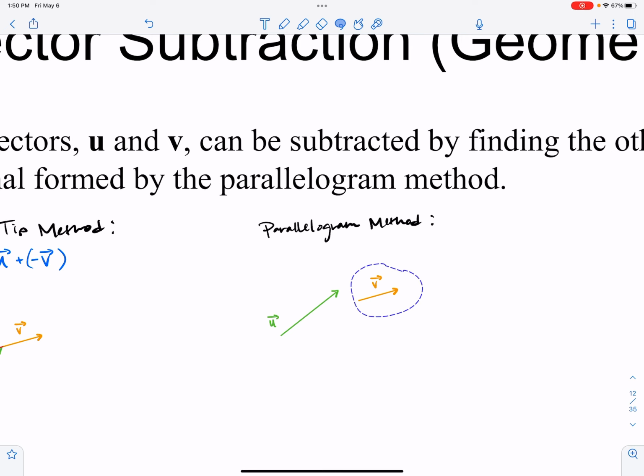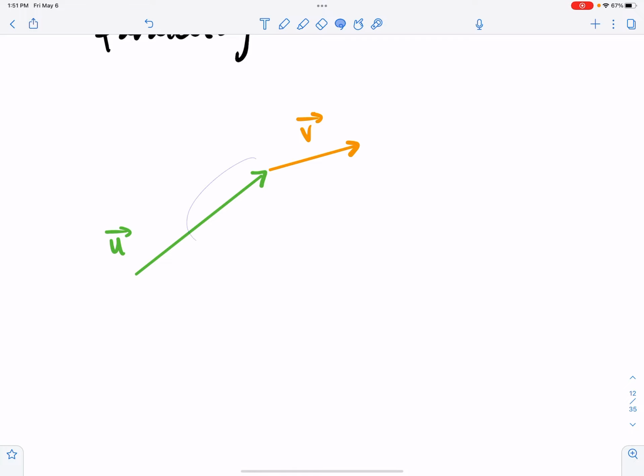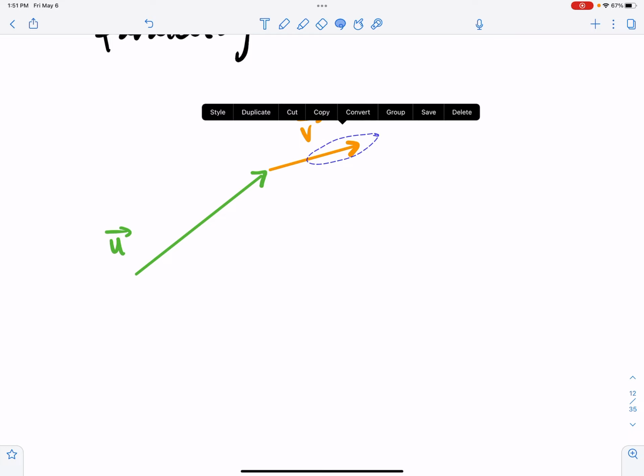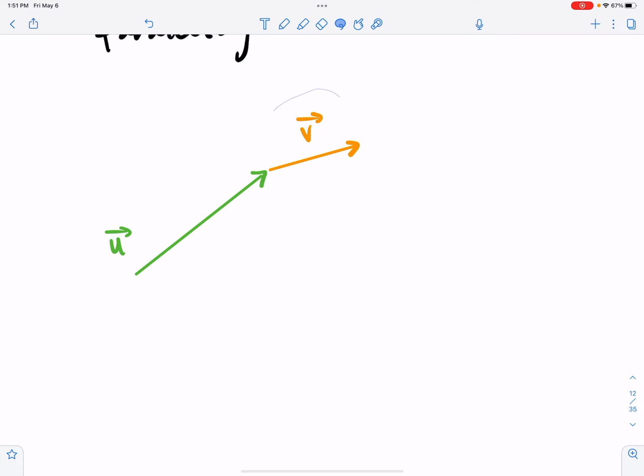So if we just thought about constructing the parallelogram from adding vector u and vector v together. Oh, sorry, we would put those two tails together. And then construct a parallelogram to the same picture that we drew above.